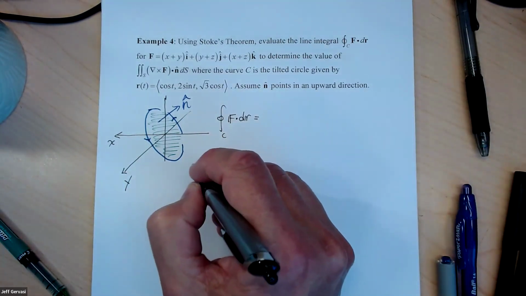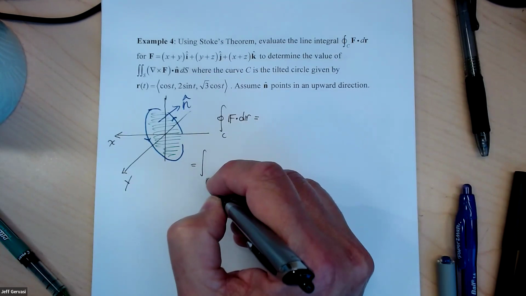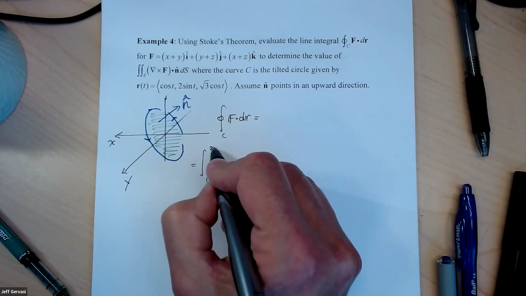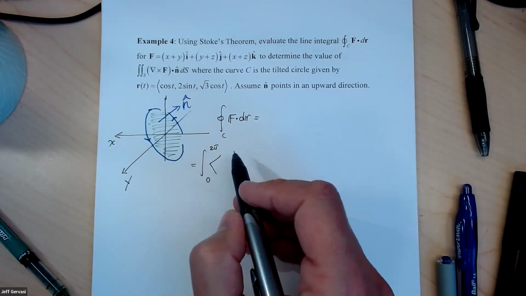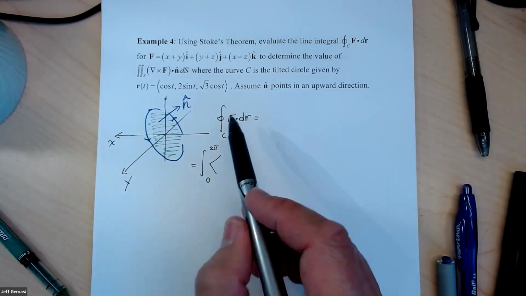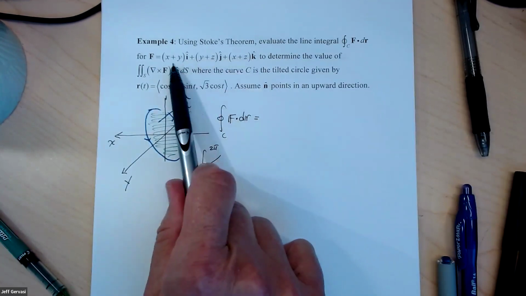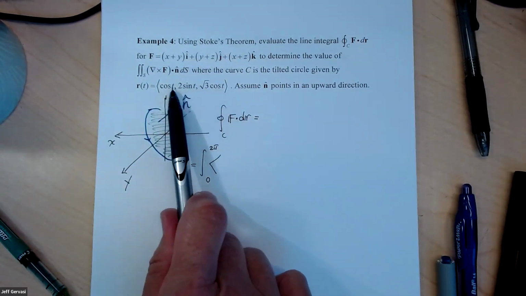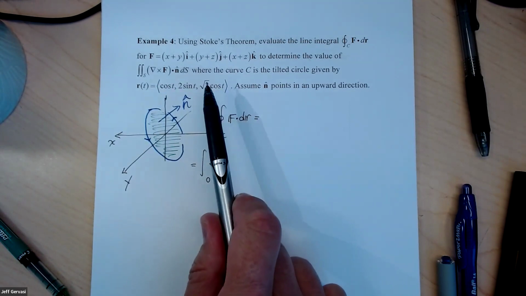is going to look like, oh, I hope I left myself enough room for this. So 0 to 2 pi, okay? The vector field F, now we have to put it in its parametric form. Everybody, remember, you got to replace all the x's, the y's, and the z's with their parametric counterparts in the vector valued function r.